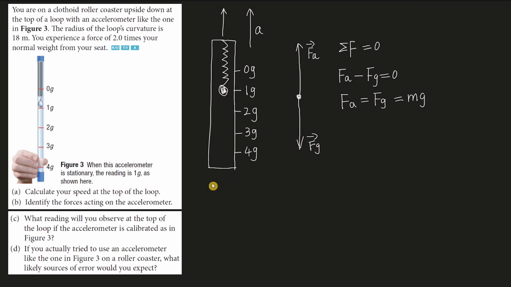Now, I do question A. When the person is at the top of the loop, there are two forces on the person. One is the gravity, Fg. Another one is the pushing force of the seat on the person, Fa. The question said, you experience a force of 2 times your normal weight from your seat.